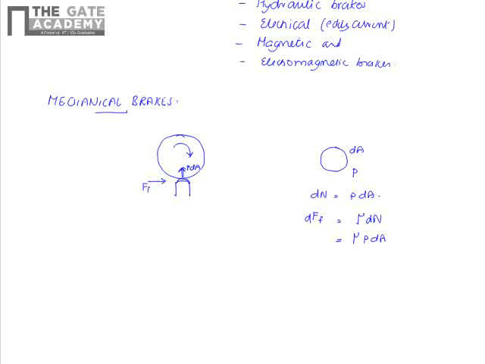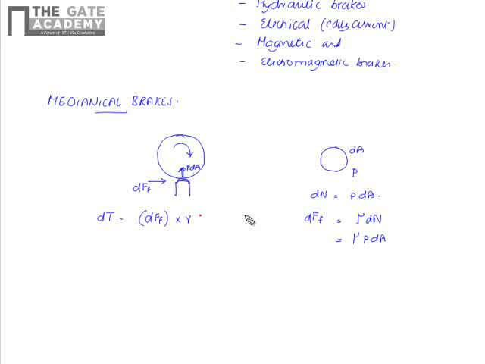This will be dF, the frictional force due to this contact force P into dA. This frictional force causes the rotating member to slow down or completely stop, and the braking torque will be dT, that is, the small frictional force dF into the radius of the wheel. That is the frictional torque applied by this small contact force of pressure P.